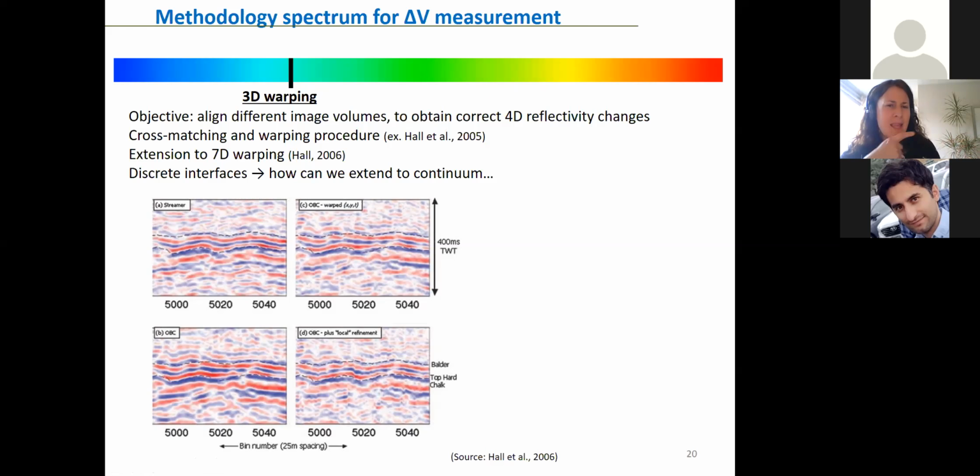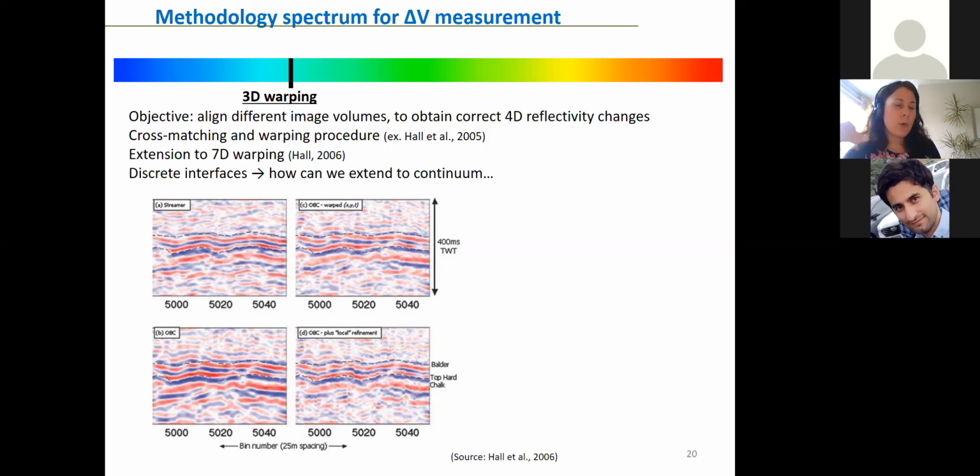But then the issue with this method is that this type of algorithm is practical if you're looking at warping very discrete interfaces, which means I'm picking my interface here, I'm picking another interface here, doing the same for my monitor, and I'm trying to match those interfaces.